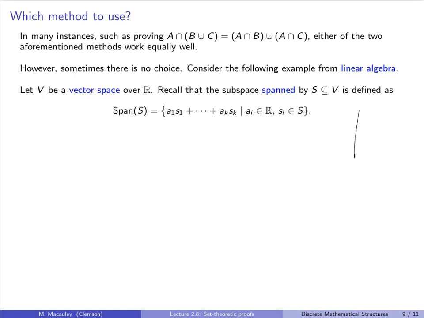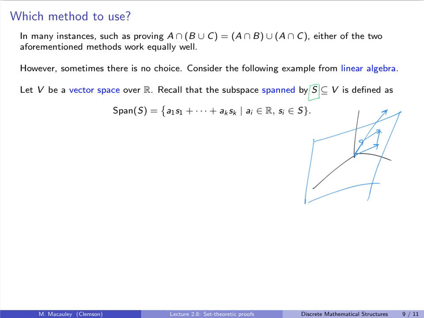So something like this. If you have a plane, then any 2 vectors on this plane, if you add them up, you get another vector on the plane. And if you scale any vector by some scalar, you get another vector on the plane. So recall that the subspace spanned by a set of vectors S. Now S, I am not making any conditions on this.